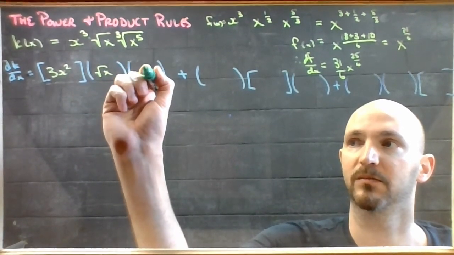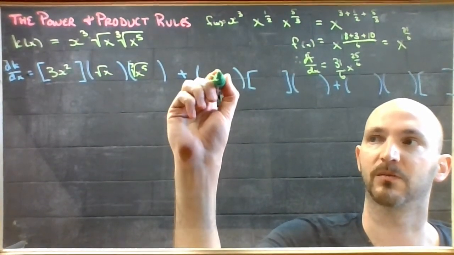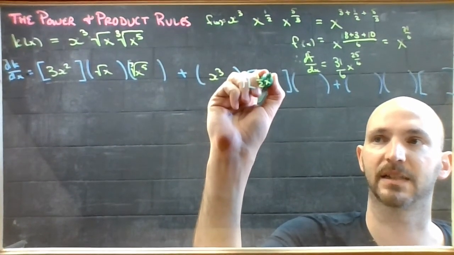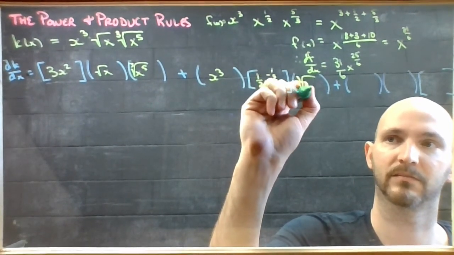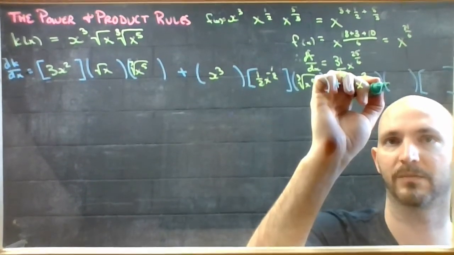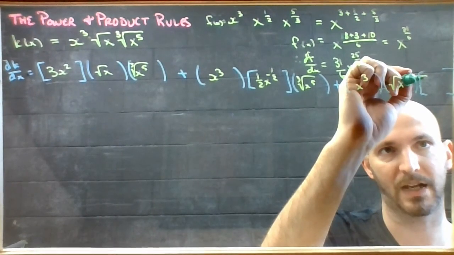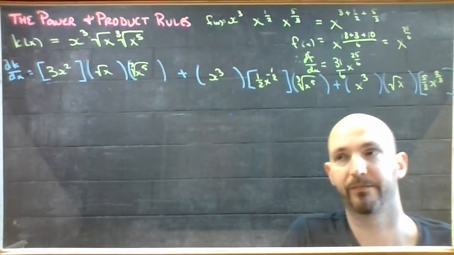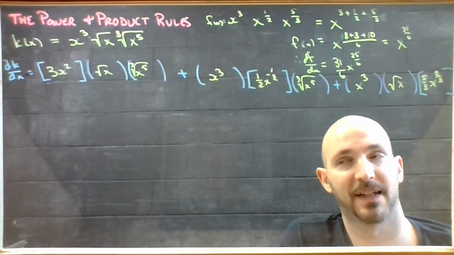Leave that alone. Leave x cubed alone. Derivative of x to the 1/2 would be 1/2 x to the negative 1/2. Leave this one alone. Then I leave this one alone. Leave this one alone. That's x to the 5/3, so 5/3 x to the 2/3. Done. Now that's an unholy mess, but hey, that's what we do here.